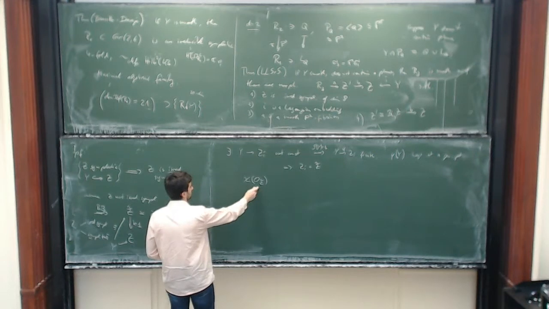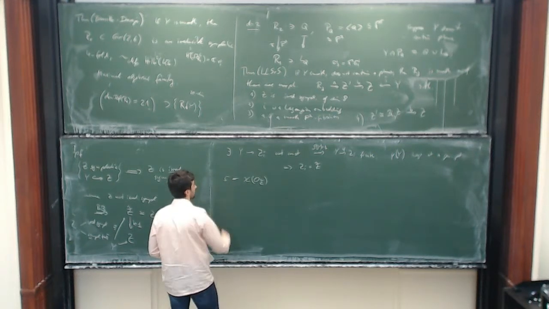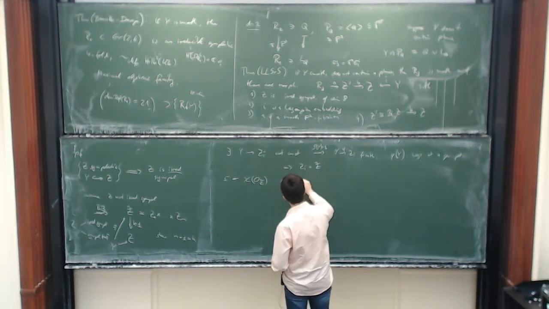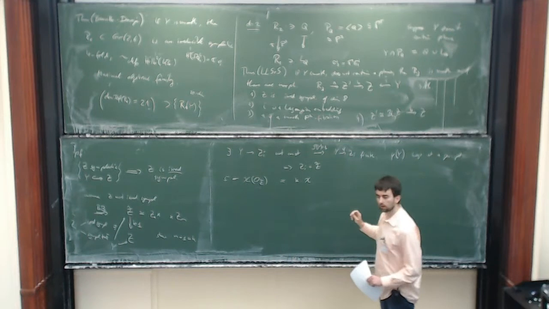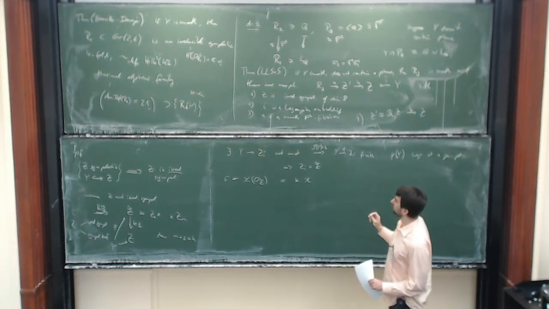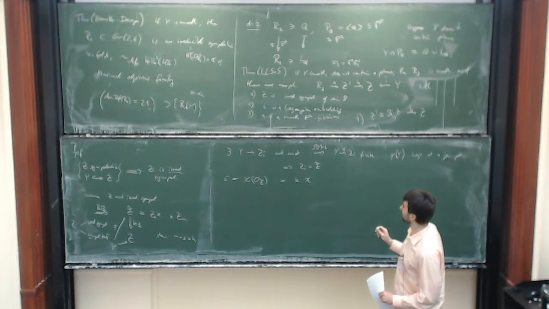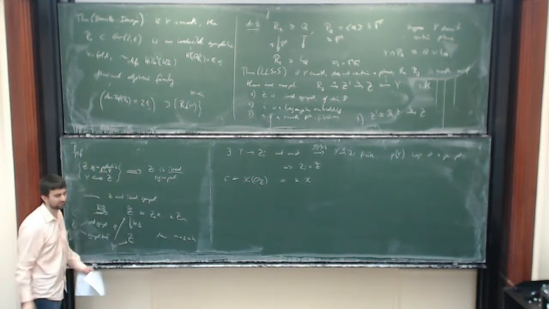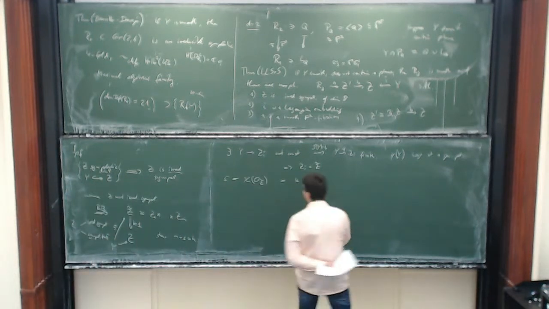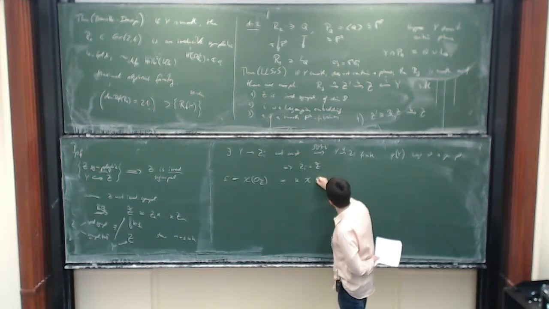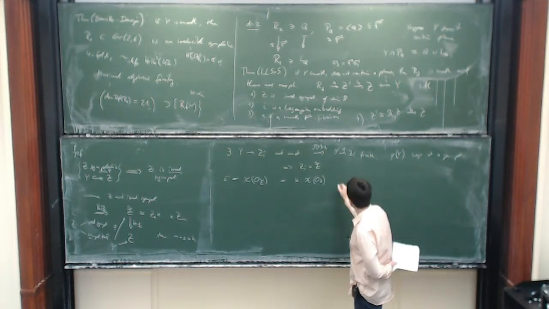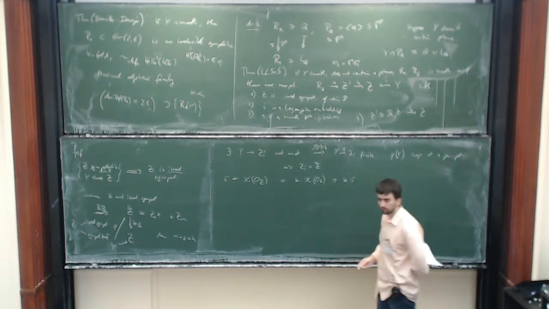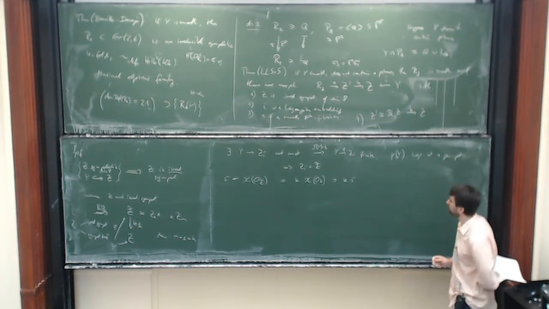Being irreducible symplectic, you know that this is 5. And it's also bigger or equal than k times 5, because we have the powers of the symplectic form.